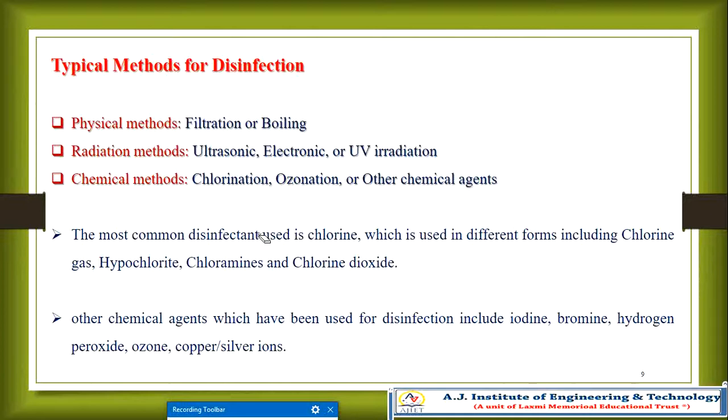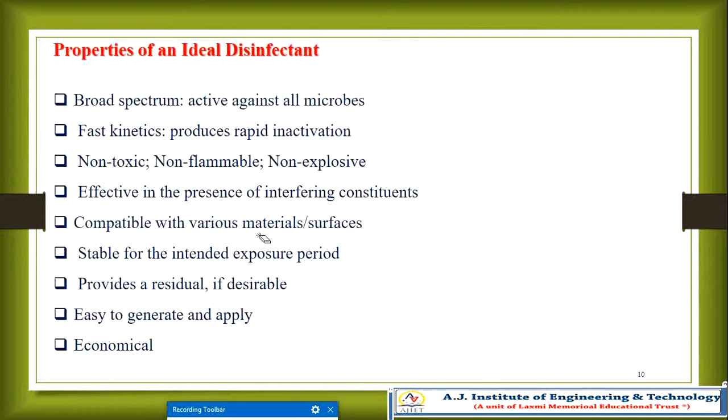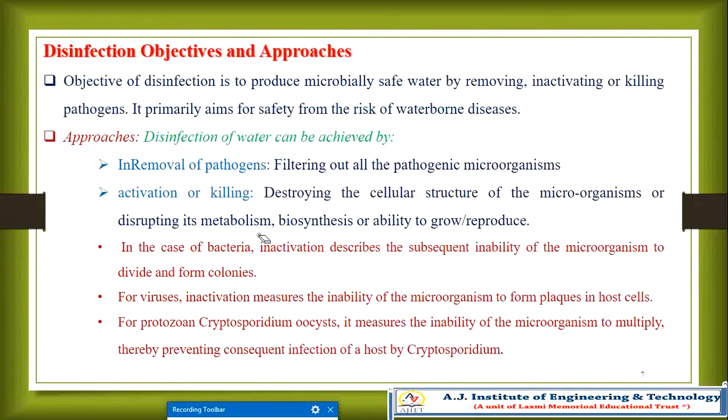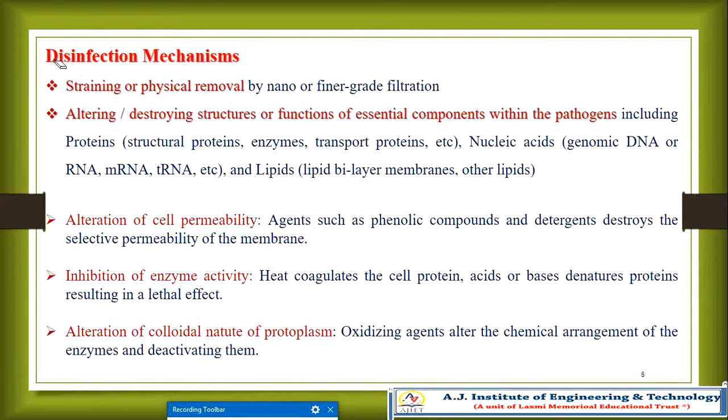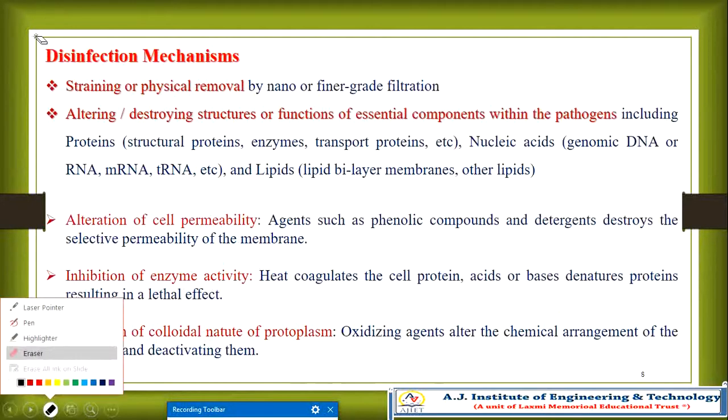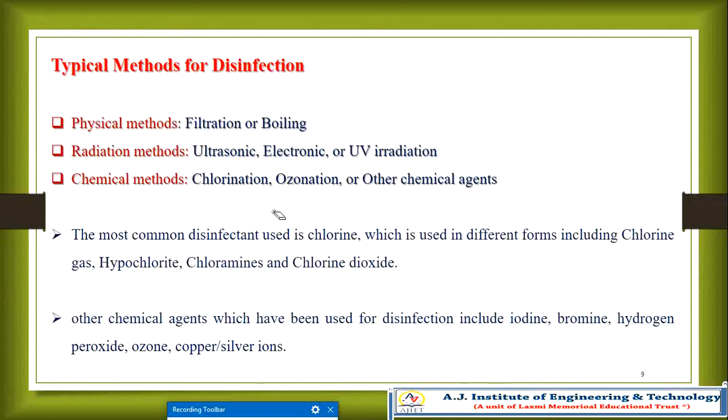Now another slide: disinfection mechanism. Actually I left this slide. I will go to this slide, then I will move to properties. I left this before methods.